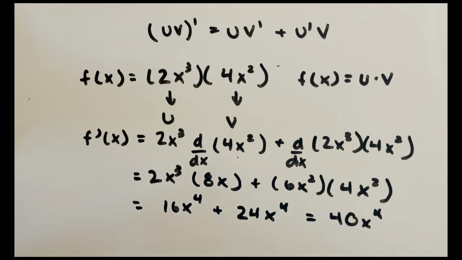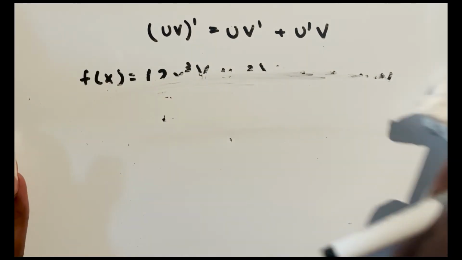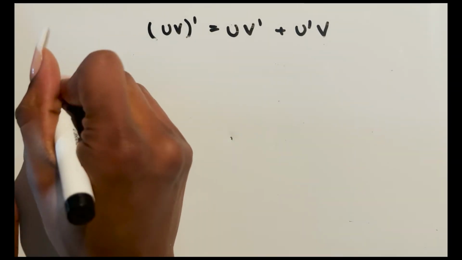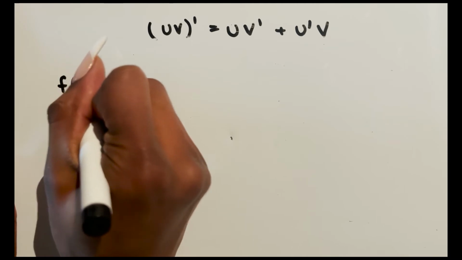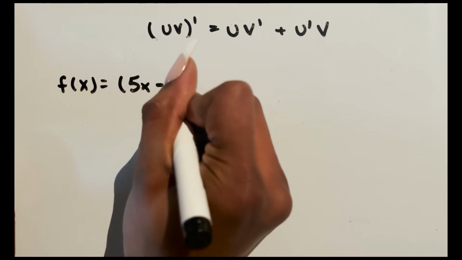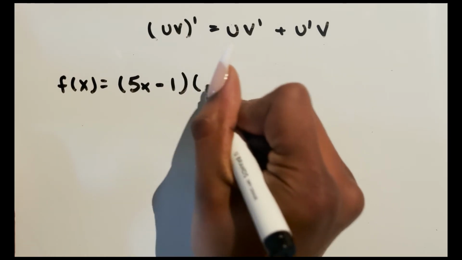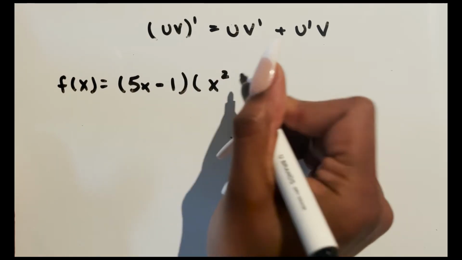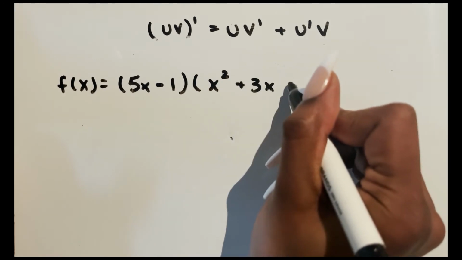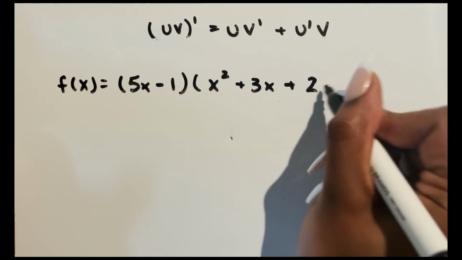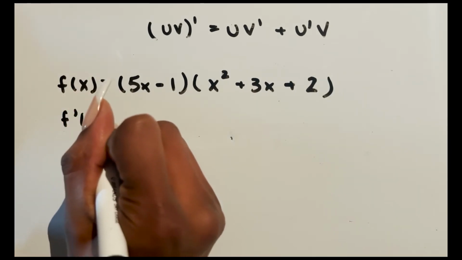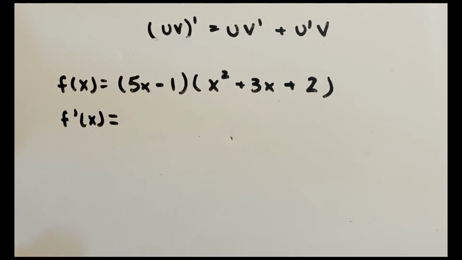So let's try out another example. The function f of x equals 5x minus 1 times x squared plus 3x plus 2. Using our product rule formula, we'll solve for the derivative of f of x.